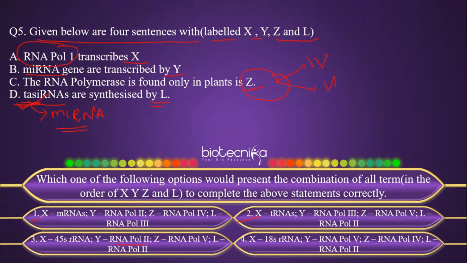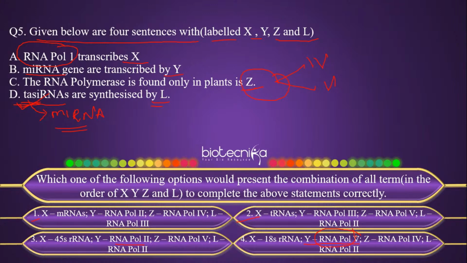So first, you can eliminate options 1 and 2. Now what is left is option 3 and option 4. How can you eliminate option 4? Because here it is mentioned that Y, that is your microRNA, is transcribed by RNA polymerase 5.